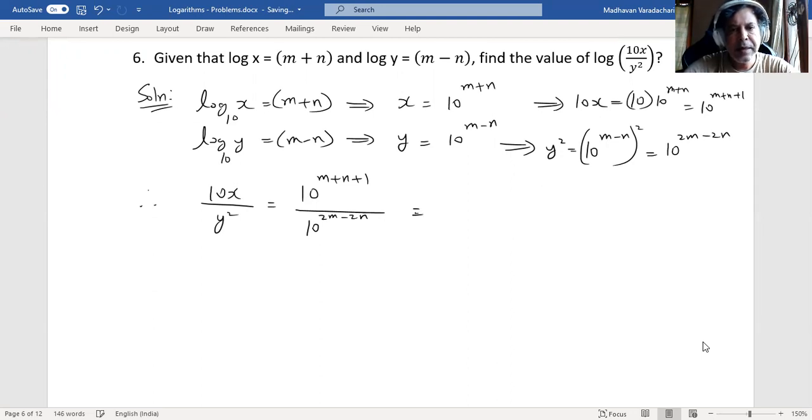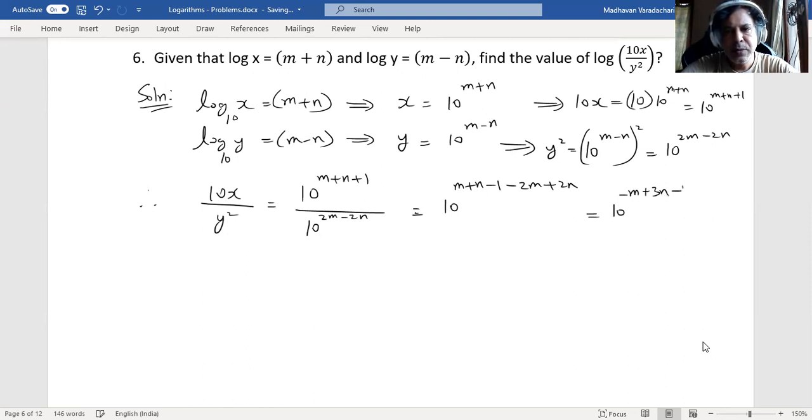That can be written as 10 power m plus n plus 1 minus 2m plus 2n. So that is nothing but m minus 2m, so it becomes minus m. And then n plus 2n, it becomes 3n.